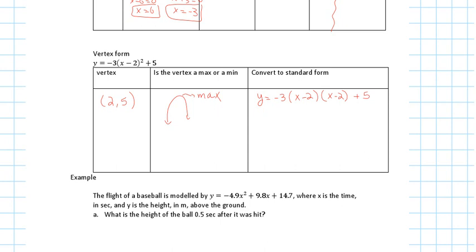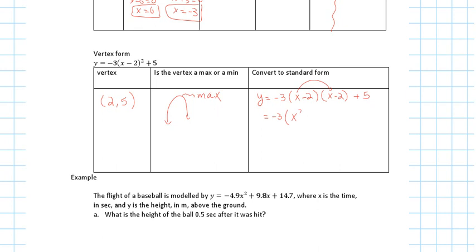Now, I wrote it twice. Then what do I do after that? FOIL. Multiply the brackets. First I'm going to multiply this by this. I am going to keep the a value outside, and I'm going to open my bracket. So that's going to be x squared, minus 2x, minus 2x, and the plus 5 stays outside.